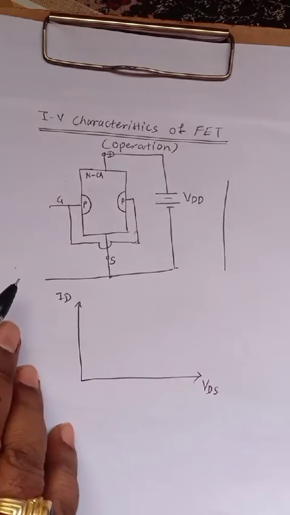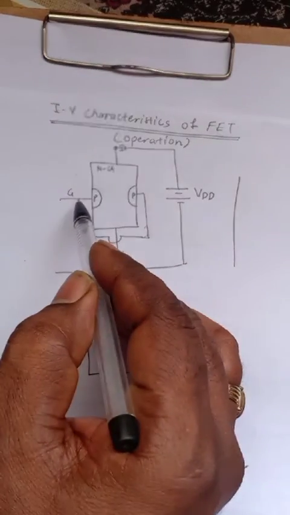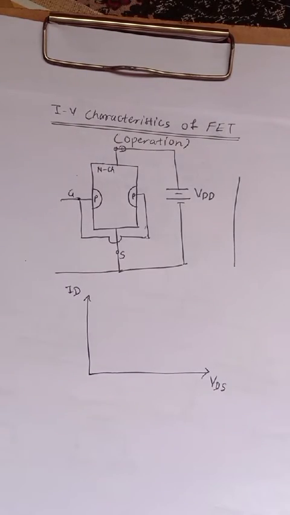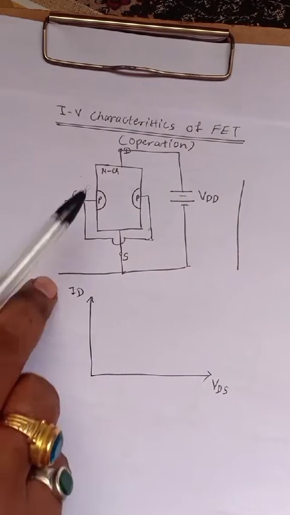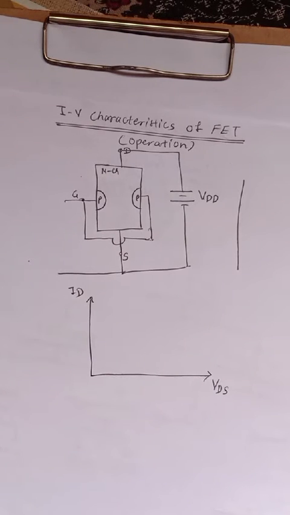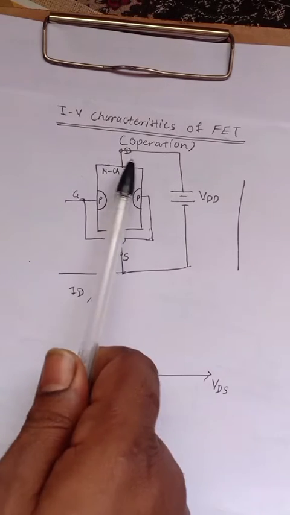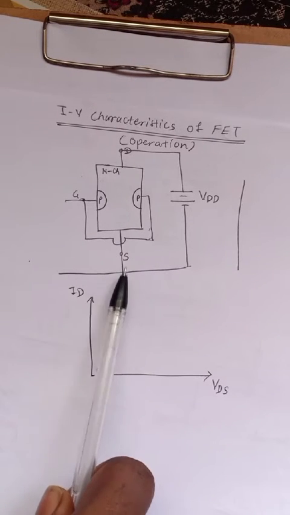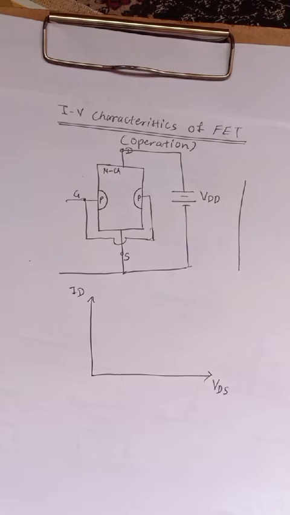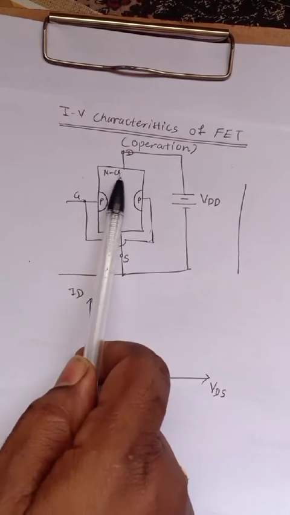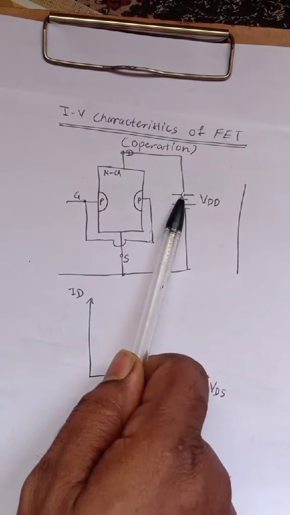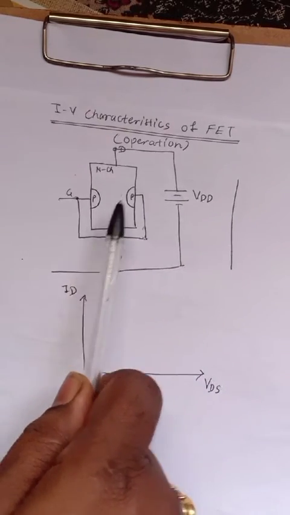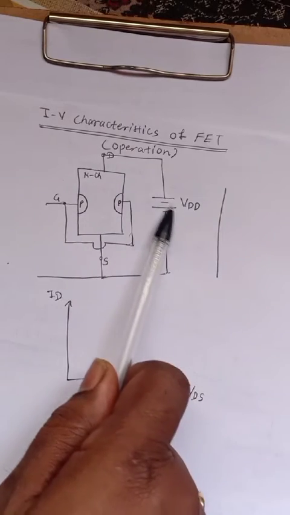Okay, the main thing you have to understand is that you always have to apply gate to source reverse bias for N channel JFET. For JFET, the drain is at higher potential for N channel and the source is at higher potential for P channel, so there is a little difference. So for this N channel, the drain is connected at higher potential, and for P channel you have to apply the source at the higher potential.